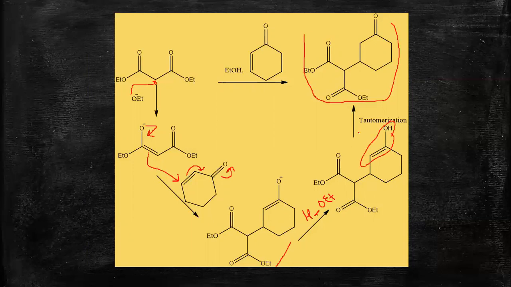This enol moiety again on tautomerization gives the final product. It's a very simple way followed by the Michael addition reaction, and it's very interesting to have this mechanism, a very simple and easy to go mechanism of the Michael addition. And this is our final product of this reaction.